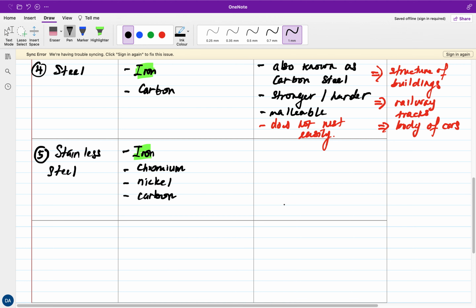The most important property of stainless steel is that it is resistant to corrosion, or you can say does not rust.